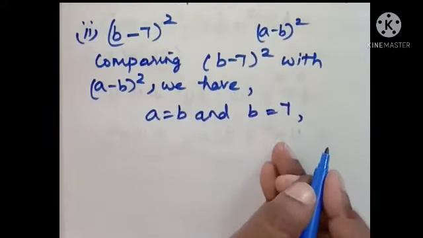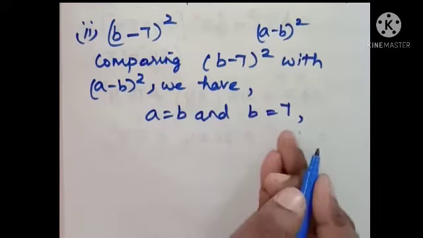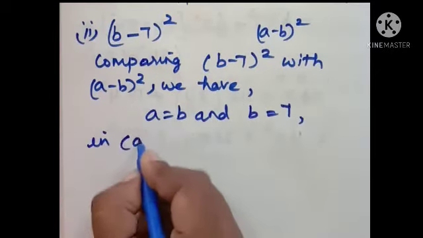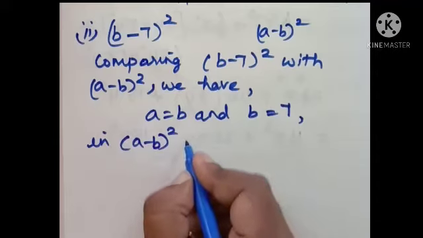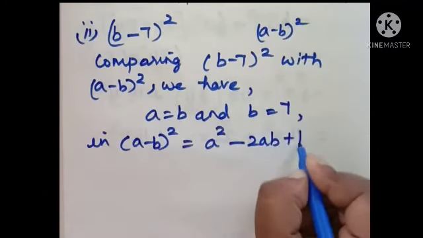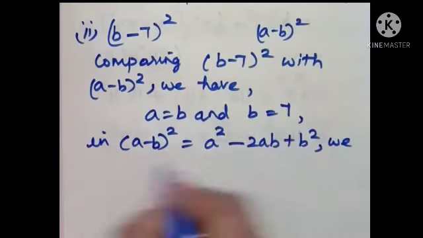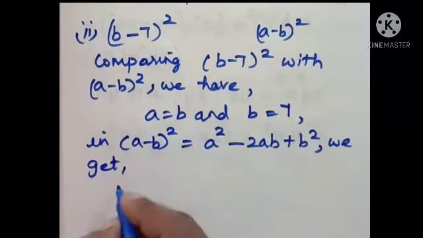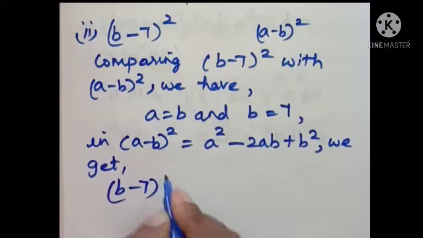So substituting a is equal to b and b is equal to 7 in (a − b)² is equal to a² − 2ab + b². We get in the left hand side (b − 7)².